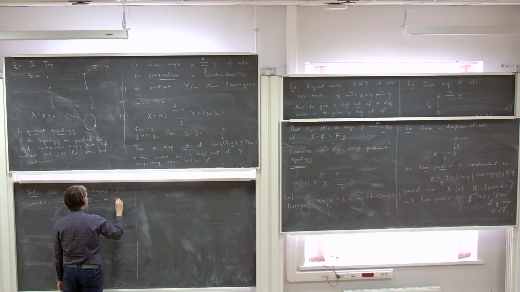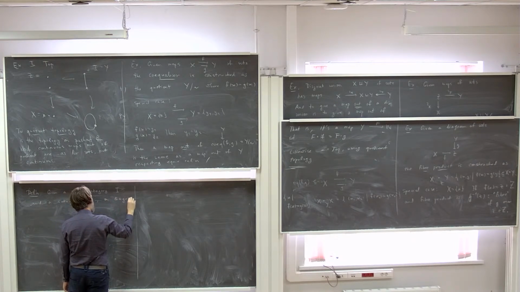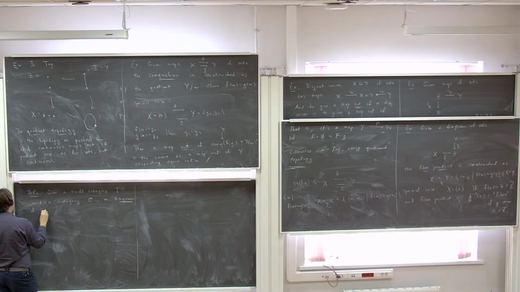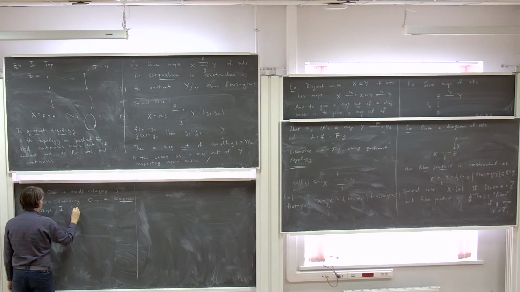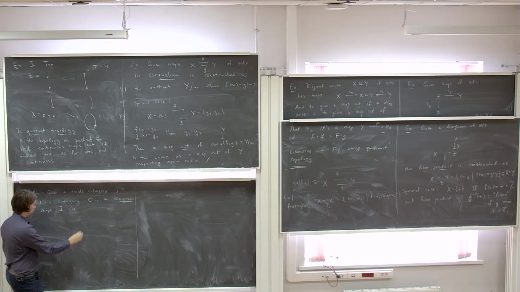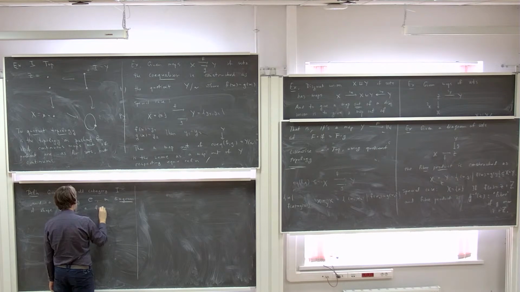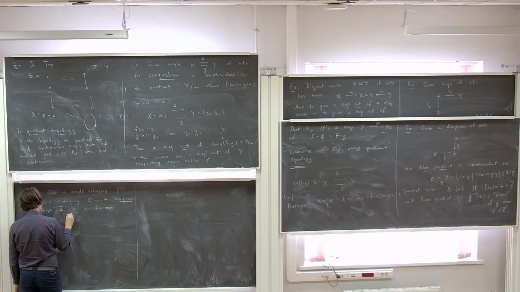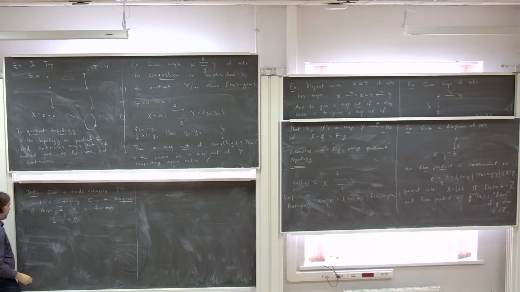A diagram of shape I is a functor from I to C. Okay? So I could have just called it a functor, but I want to emphasize that I'm thinking of I as a kind of shape inside C.